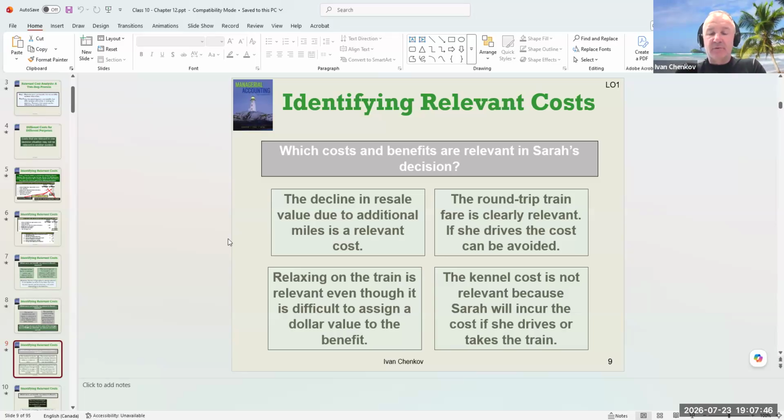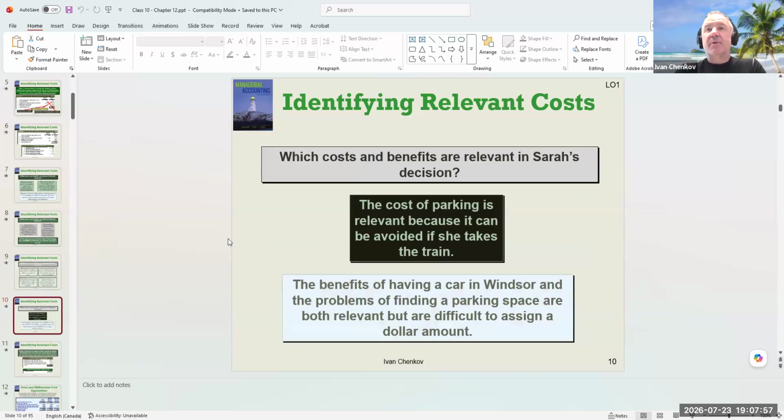The cost for putting the dog in the special place for dogs only, that's irrelevant because in both cases she has to pay that cost. Cost of the parking is relevant now, but having the car in the new place and trying to find the parking lot where to park, it's relevant, but it's hard to assign any cost to that.